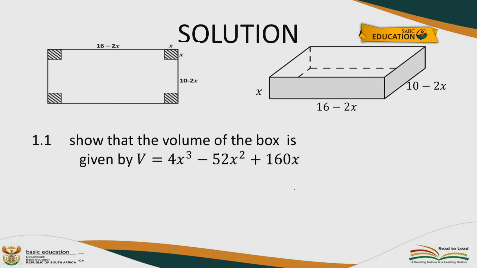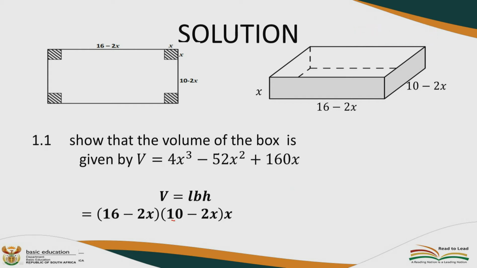So it means that we need to know the volume of a rectangular prism. In general, the volume of a rectangular prism is given by v equal length times breadth times the perpendicular height. So we have an expression of our length, which is 16 minus 2x. Our breadth, it's 10 minus 2x, and our perpendicular height is x.